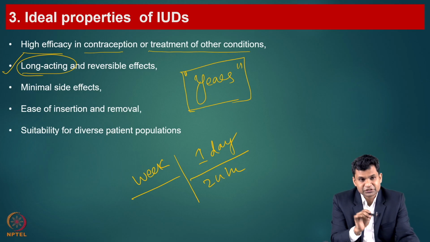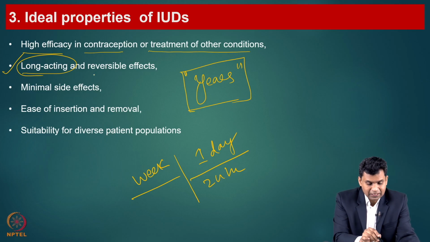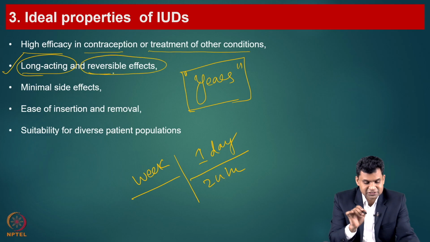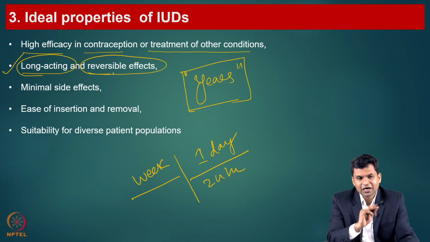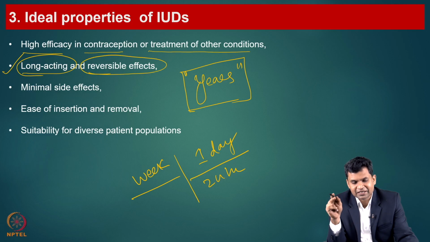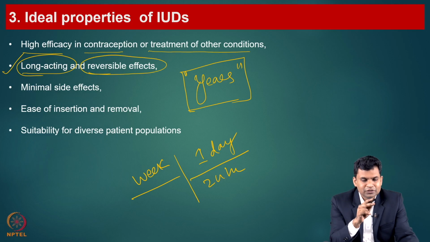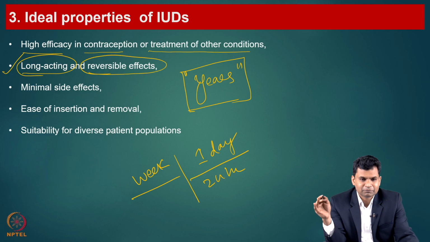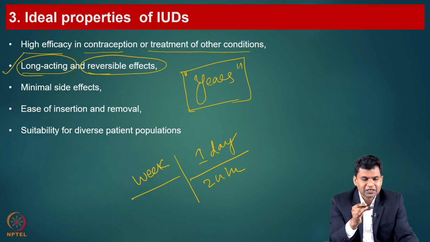And yes, it needs to work for long years. Now let us try to understand the reversible effect. After removal of the intrauterine device, the body should return to its natural or original stage.